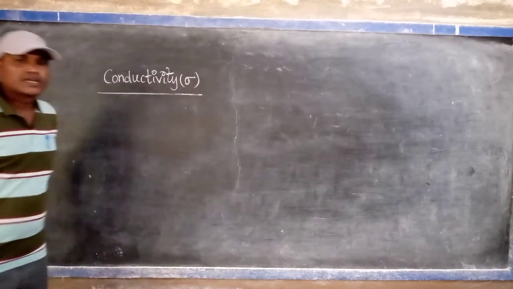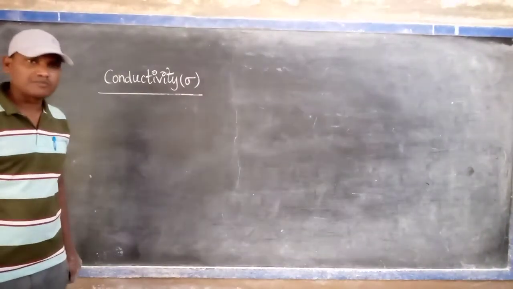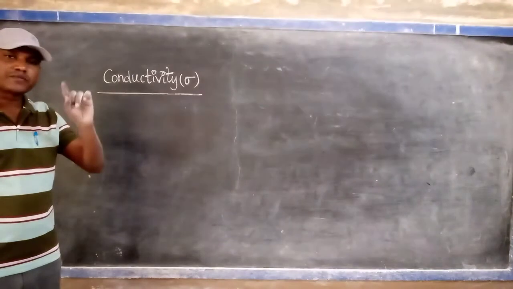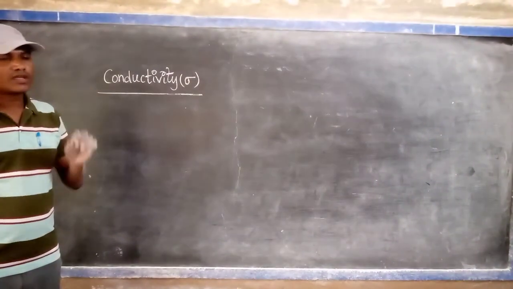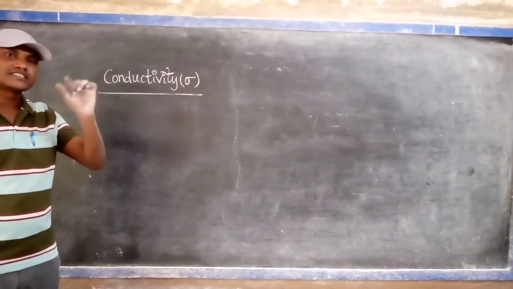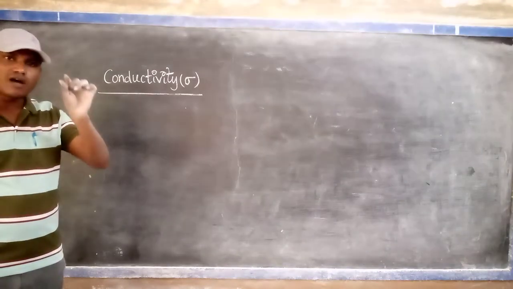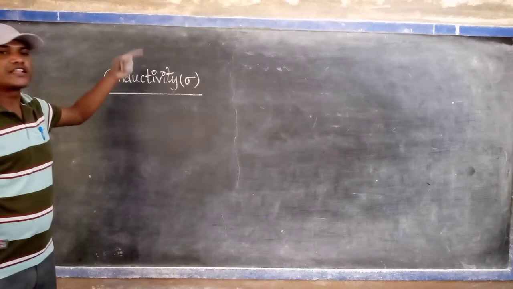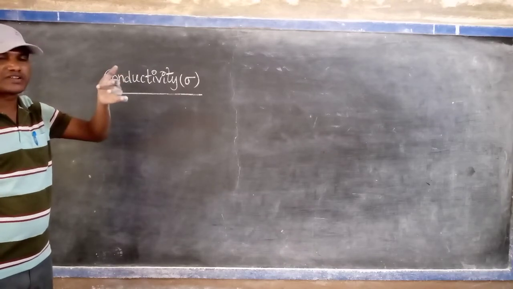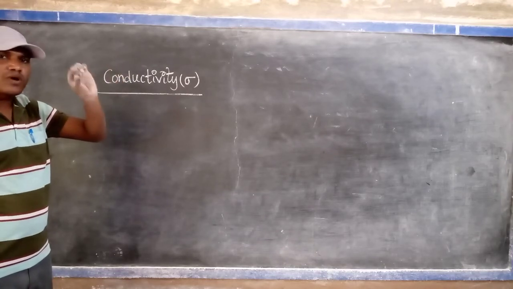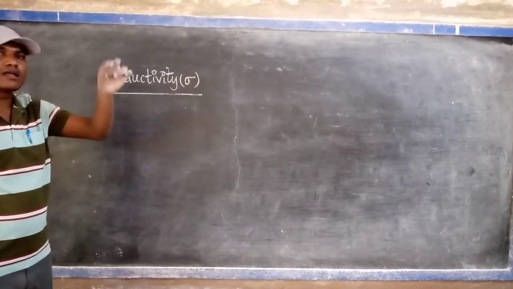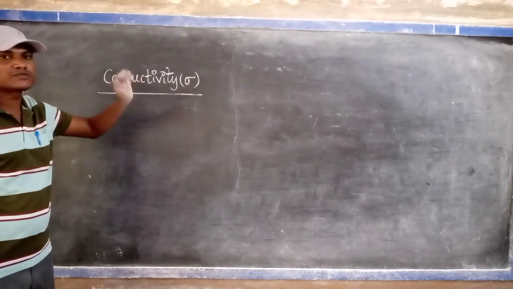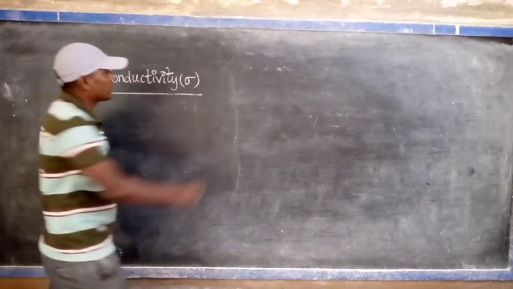Resistance is denoted by the symbol R. Conductance is denoted by the symbol G. Specific resistance or resistivity is denoted by the symbol rho. And conductivity means the reciprocal of resistivity. Listen very carefully. The reciprocal of resistance is called conductance. The reciprocal of resistivity or specific resistance is called conductivity.